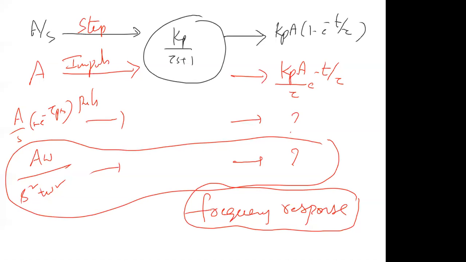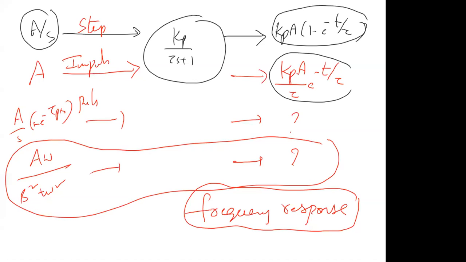Here one more important point: this is the output for this input, and this is the output for that input. Once again, this output divided by this input, you will get the transfer function. So transfer function is nothing but output divided by input.